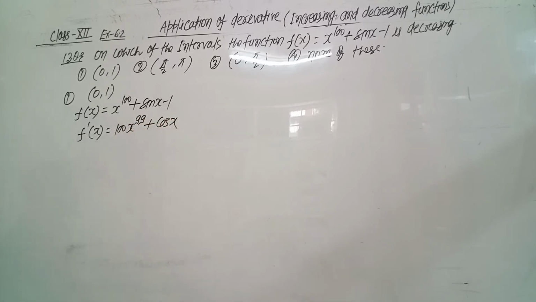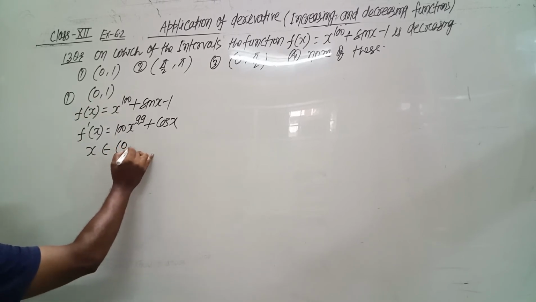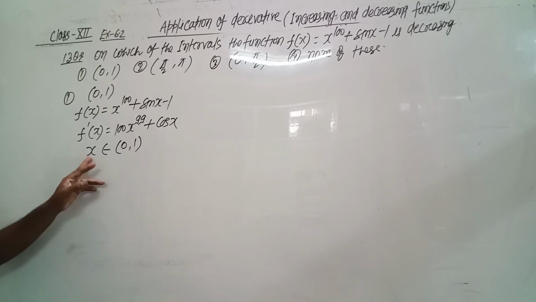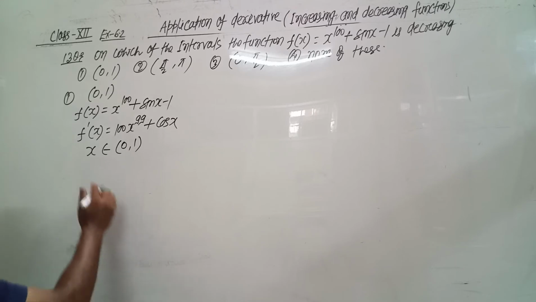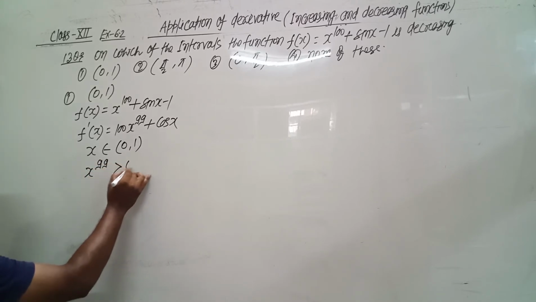Now we have been given the interval x belongs to 0 to 1. So if x lies between 0 and 1 it is positive, so x raised to the power 99 is always greater than 0.